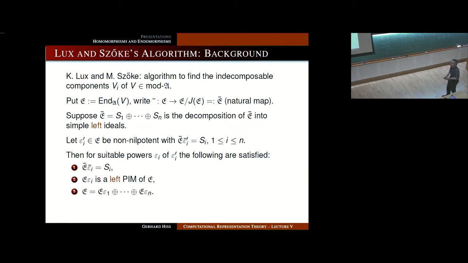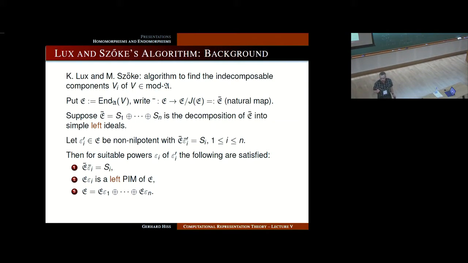Then you can power up e_i to e_i', such that this condition is still satisfied. Well, this will always be satisfied since this is non-nilpotent and this is satisfied. This is the left principal indecomposable module of E, so this is indecomposable. And E has this direct sum decomposition. So the e_i are almost idempotents, but they do not need to be idempotents.